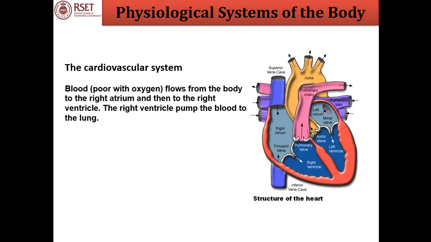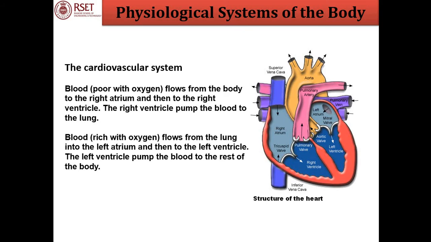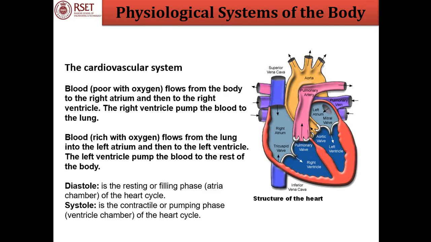And on its return, it collects the deoxygenated blood from various parts of the body and brings back to the right atria. From there, the blood is opened into the right ventricles and the pulmonary artery carries the deoxygenated blood to the lungs for exchanging the carbon dioxide with fresh oxygen. And so this cycle continues.